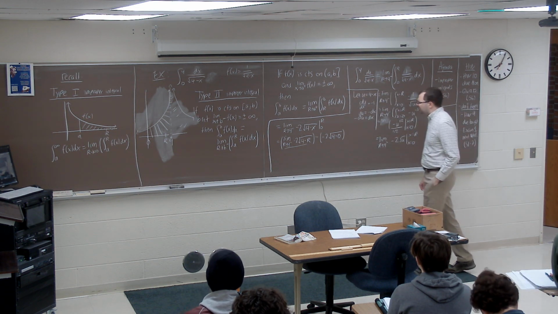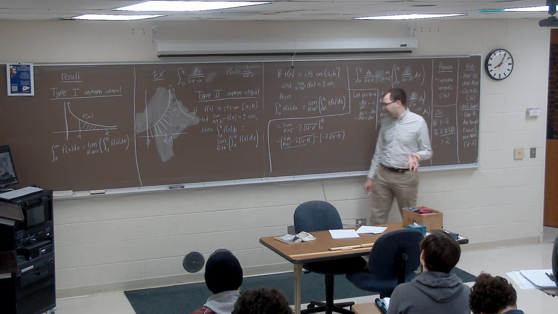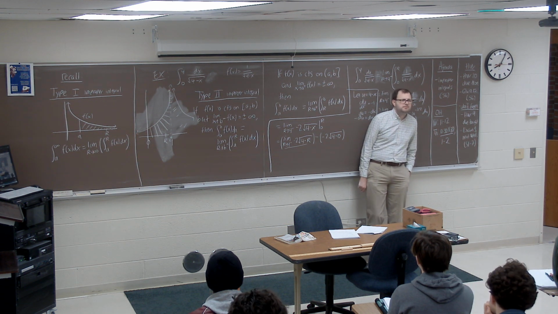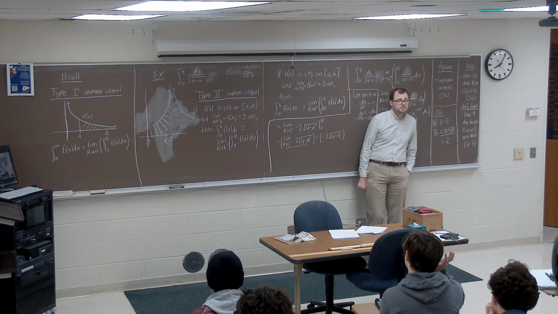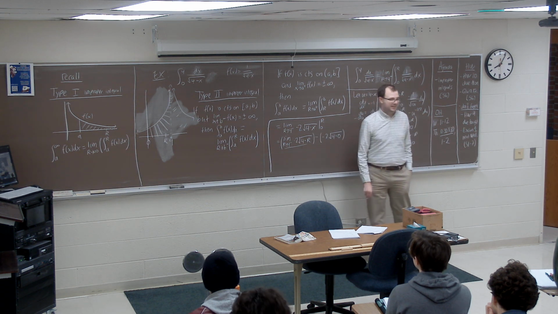As r gets closer and closer to 4 from the left-hand side, what can we say about negative 2 square root of 4 minus r? Joy, what do you think about this limit?